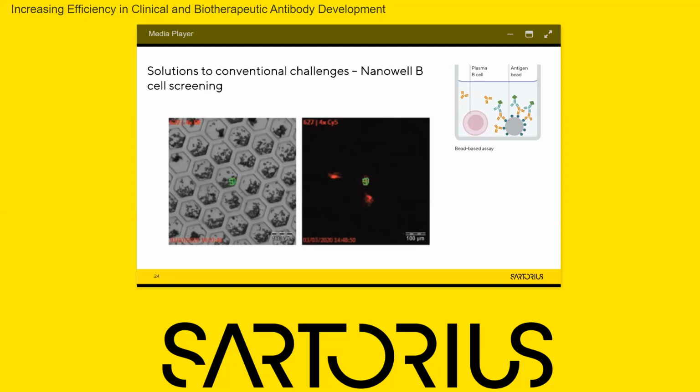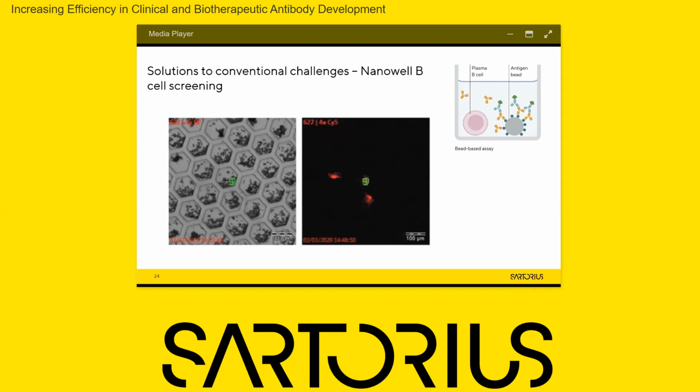On this first image here with the red fluorescence, this indicates an anti-human IgG conjugated Alexa Fluor 647, which binds to the antibody produced by the B cell. So where we see this signal is showing B cells that are secreting antibodies.